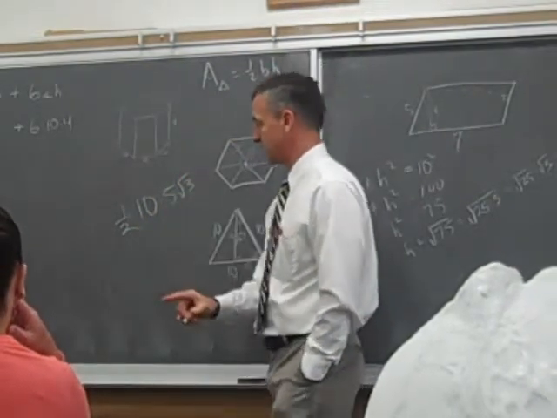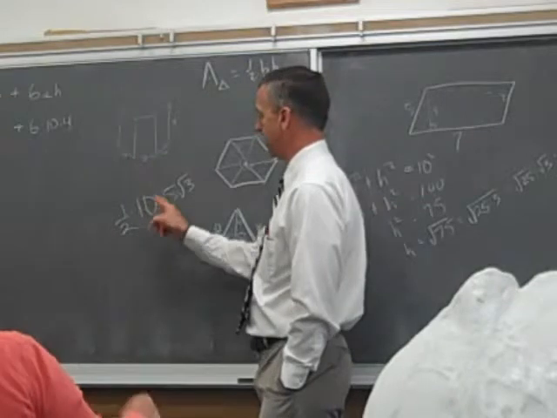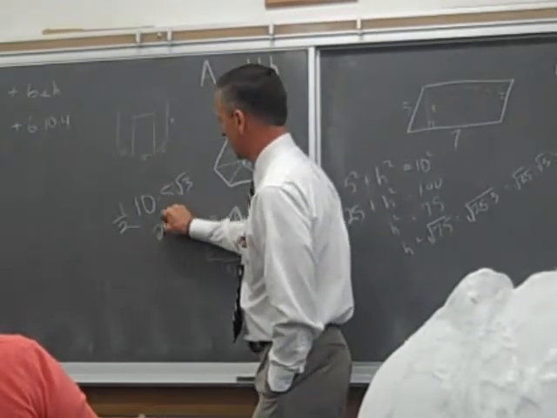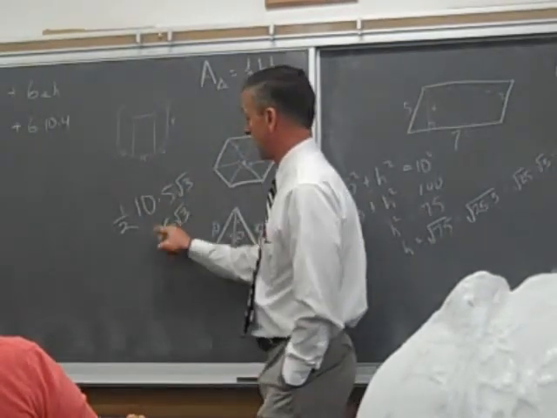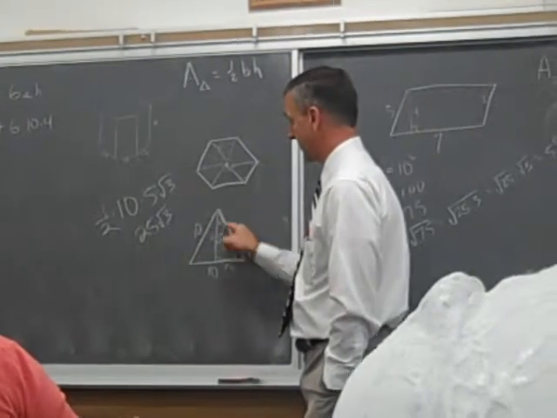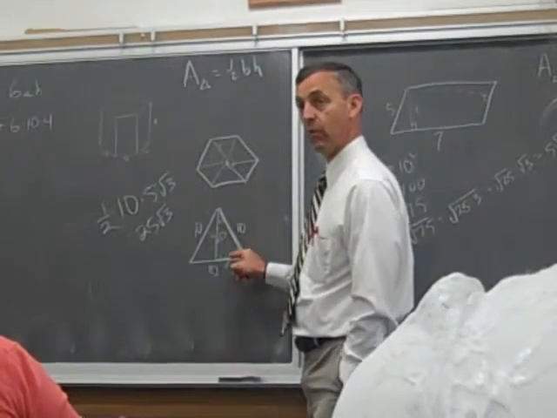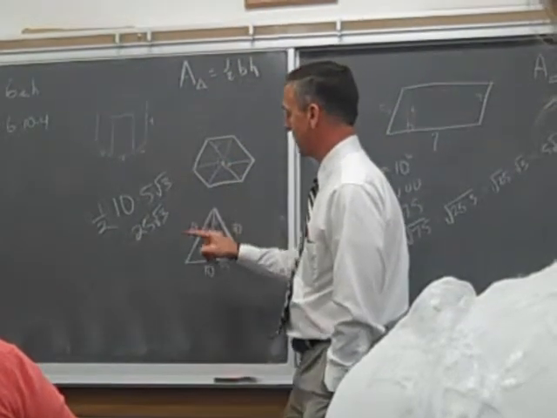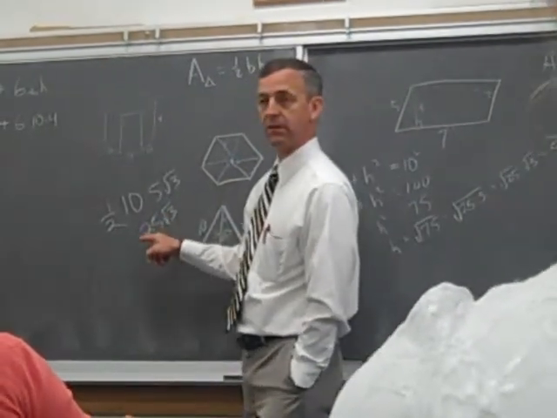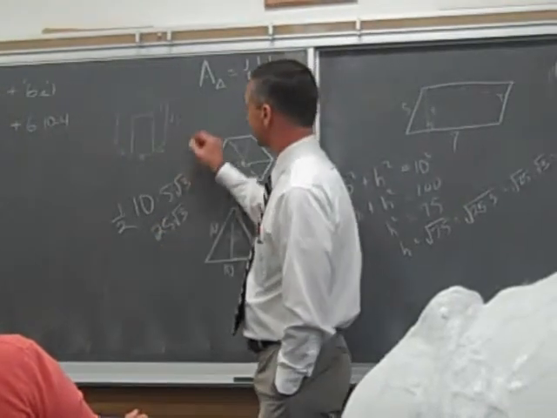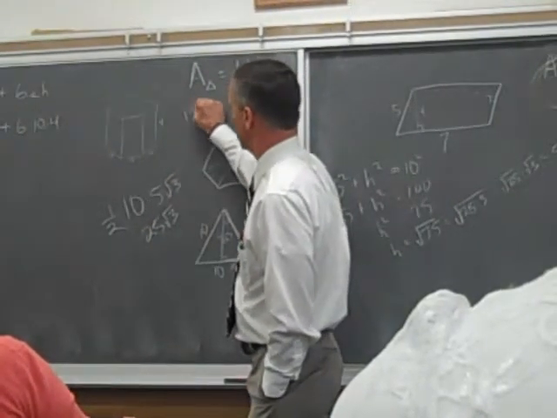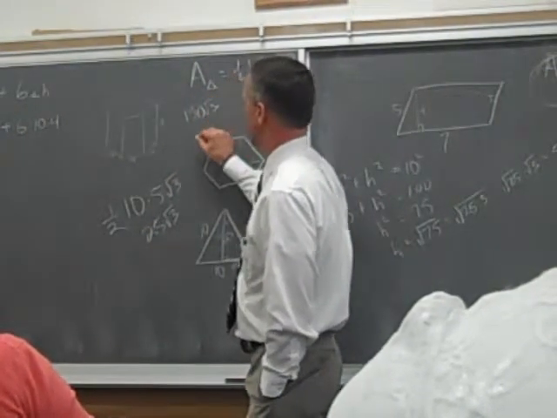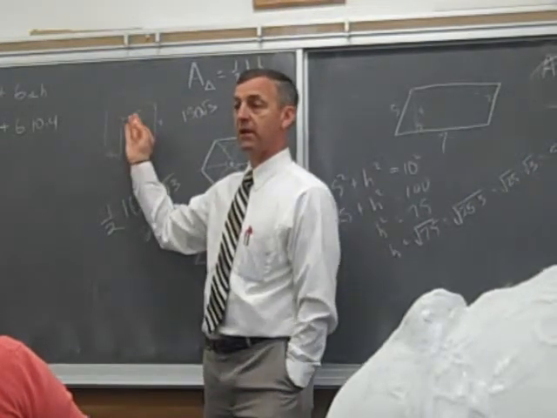Well, half of 10 is 5, and 5 times 5 is 25 radical 3, which is the area of one triangle, and I've got 6 of them.